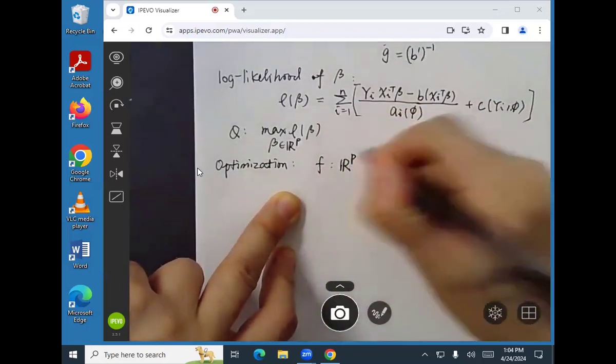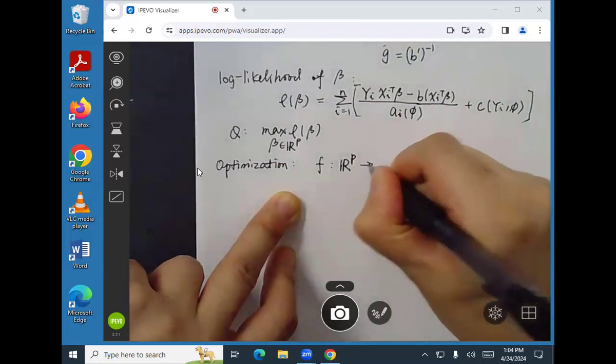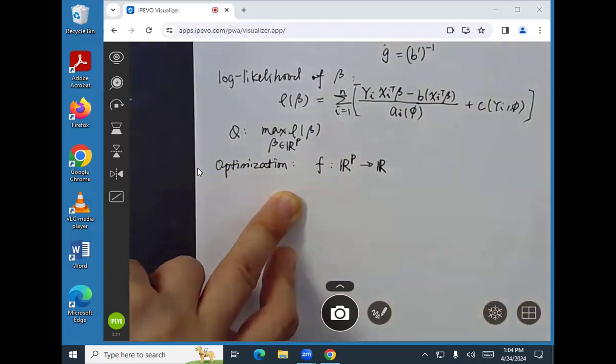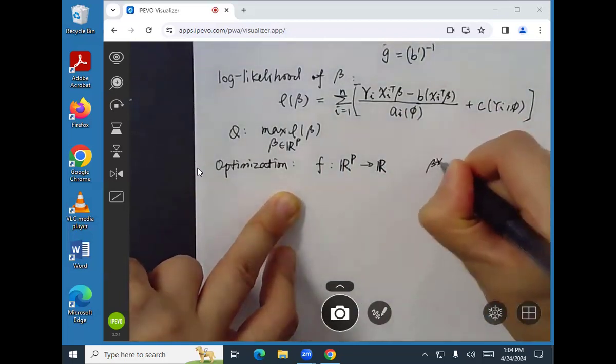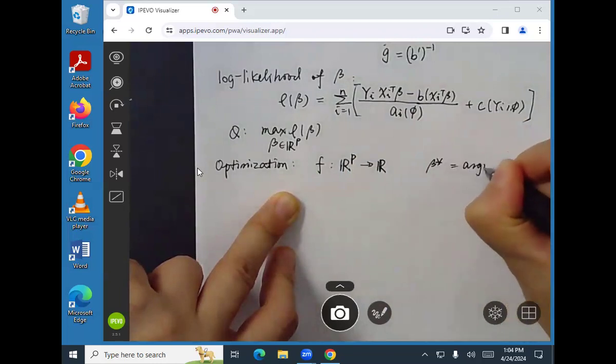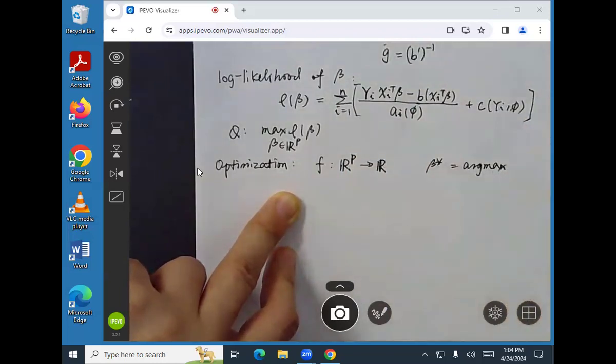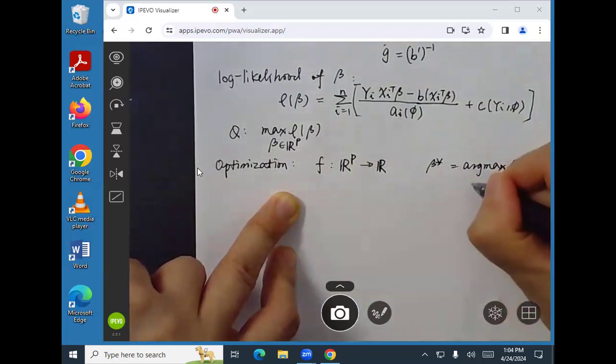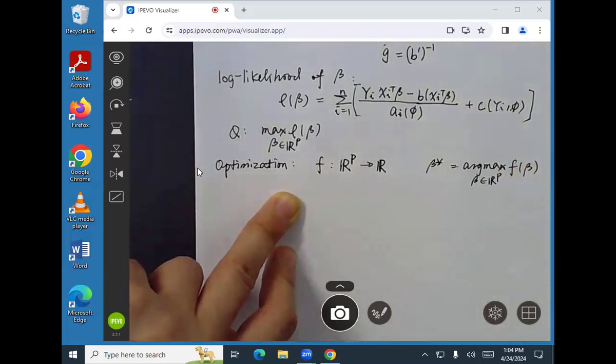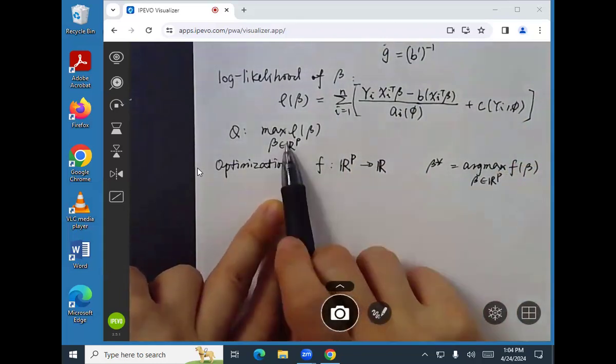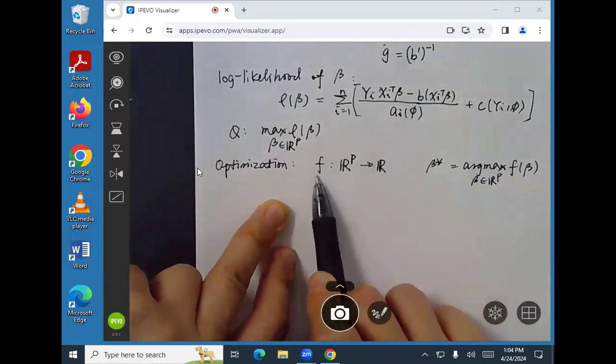This f function is defined in the p-dimensional domain and has real values. So our goal is to find beta star as the maximizer, which we call argmax of beta, of f at beta over beta in R^p. That's our problem. So we are just generalizing this optimization problem for any function f.